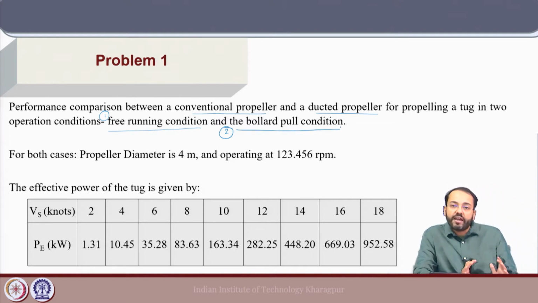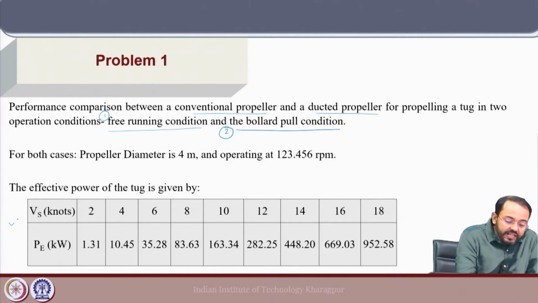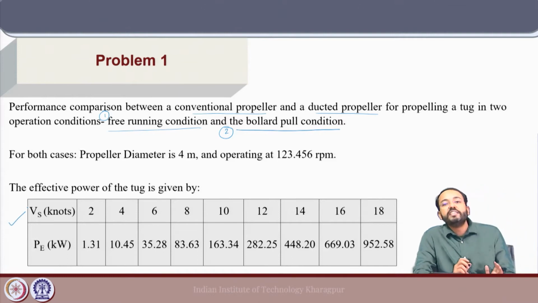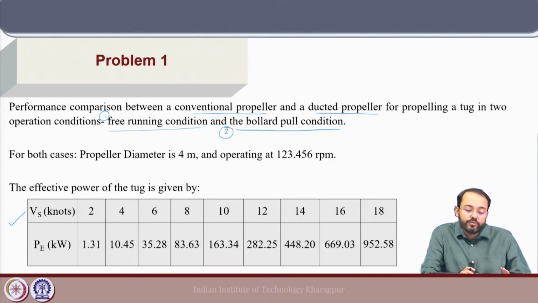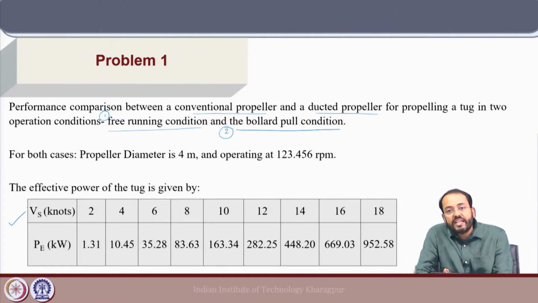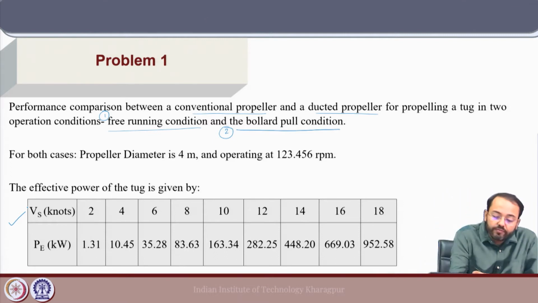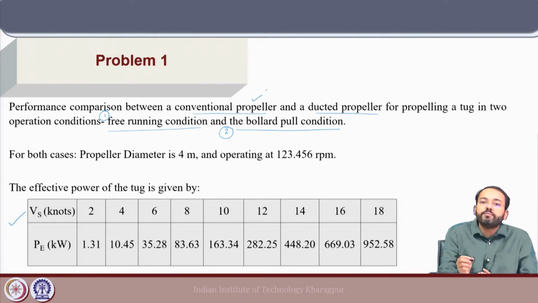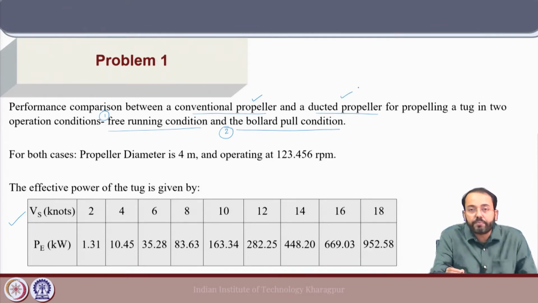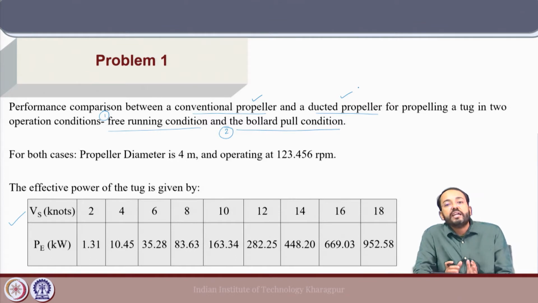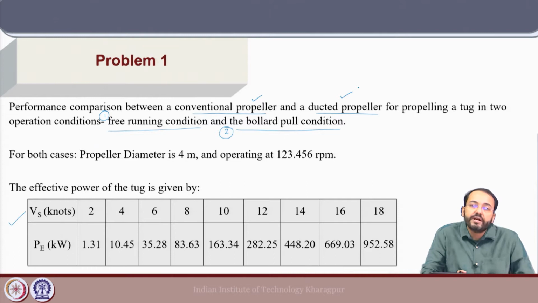So, we have a tug with a given effective power versus speed curve, and using this data we have to apply the details of the propeller diagrams, once for an open propeller, a conventional propeller, and another case for a ducted propeller, and we have to do the powering calculations and obtain the performance comparison between the two cases.